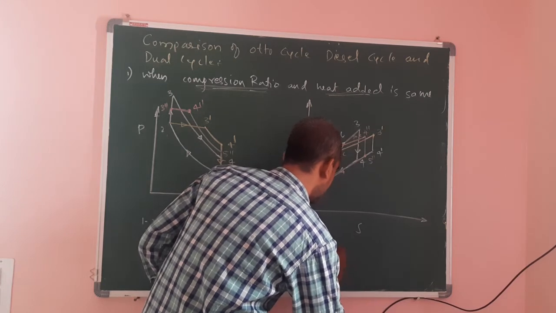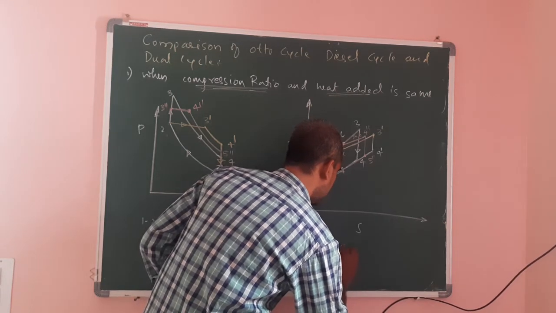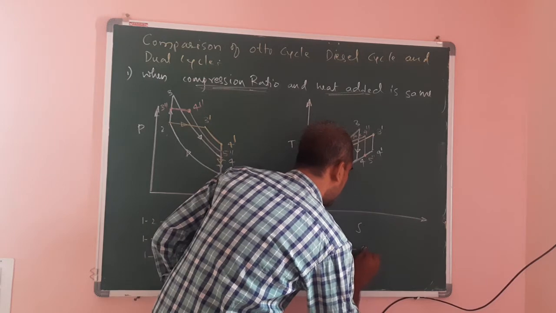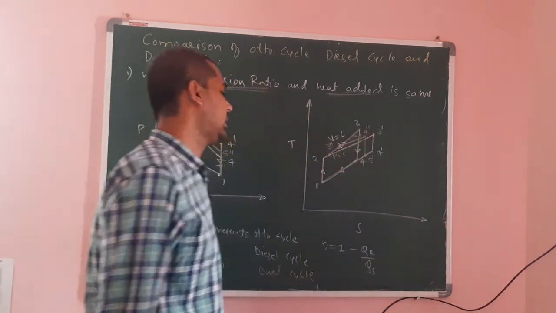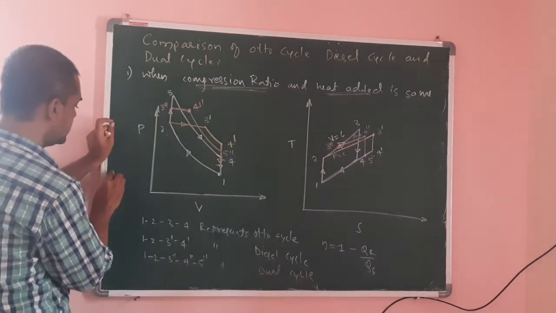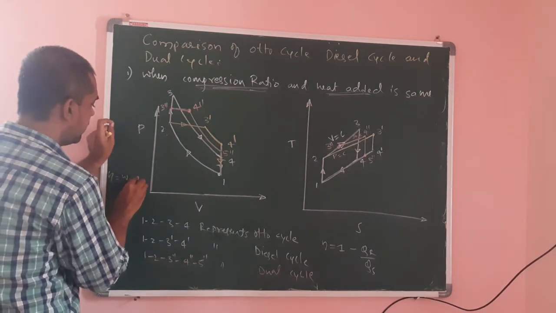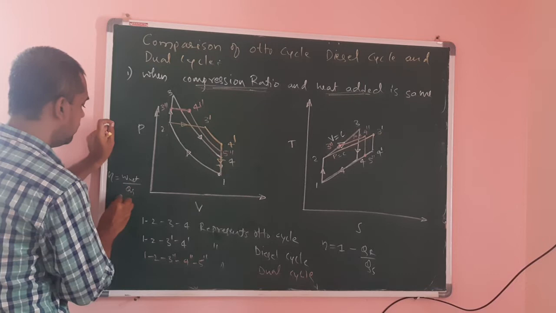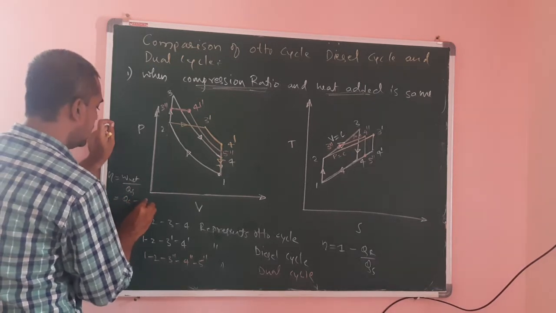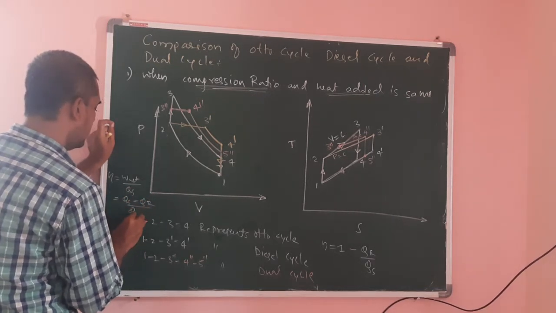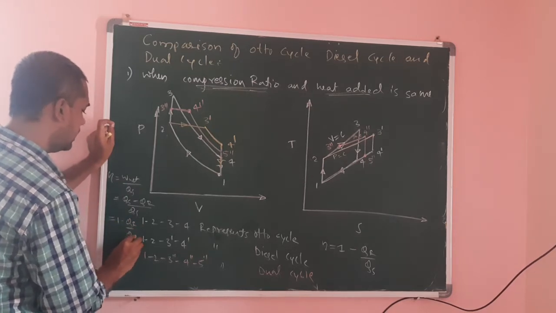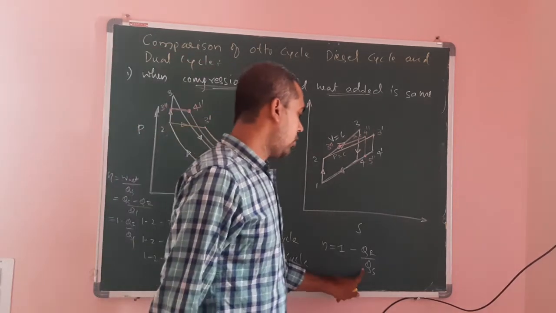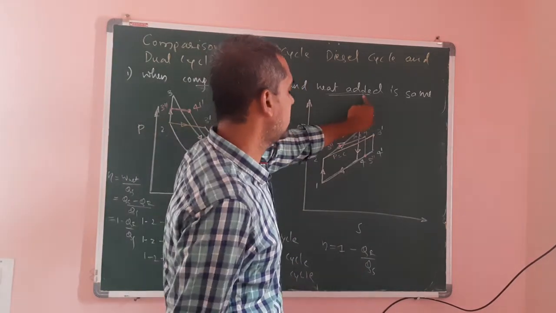We know in general efficiency equals 1 minus QR divided by QS, or efficiency equals W net divided by QS. W net is equal to QS minus QR, divided by QS. Therefore it will be 1 minus QR divided by QS. Here, what have they told? They have told that QS remains the same.